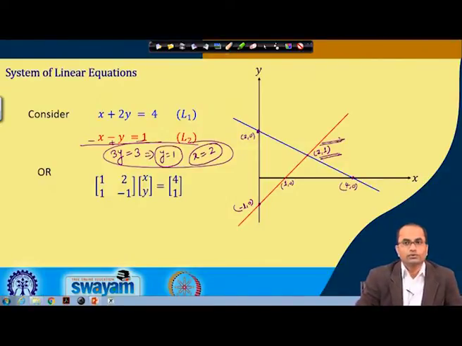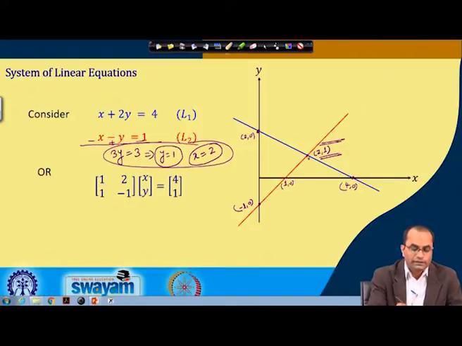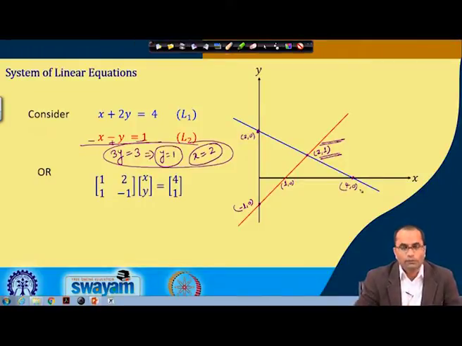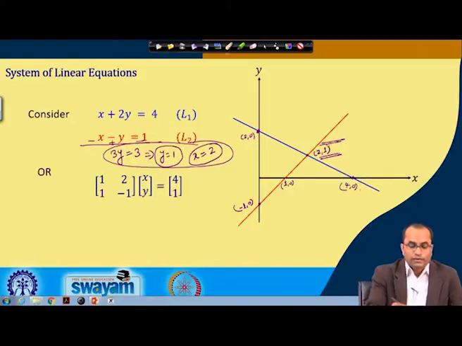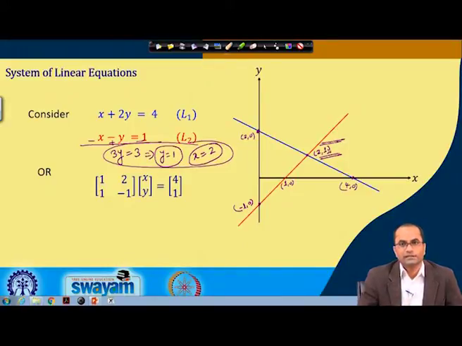Now, talking about the solution of this system of equations. Solution means a point x, y which satisfies both the equations. Clearly, this point lies on the red line, and this point also lies on the blue line. So, naturally this point where x is 2 and y is 1 satisfies both the equations, because it lies on both the lines.